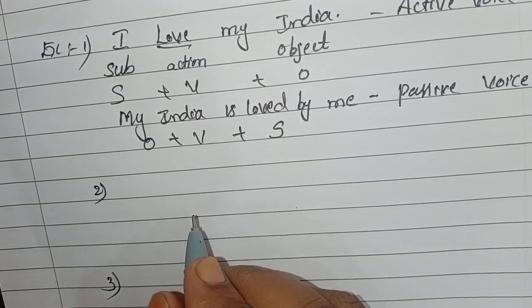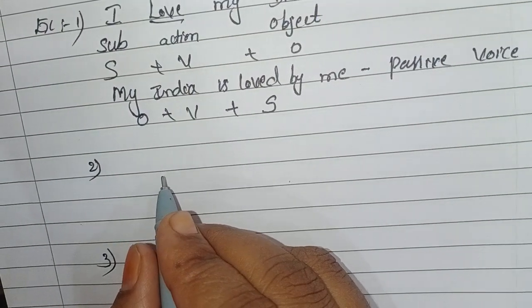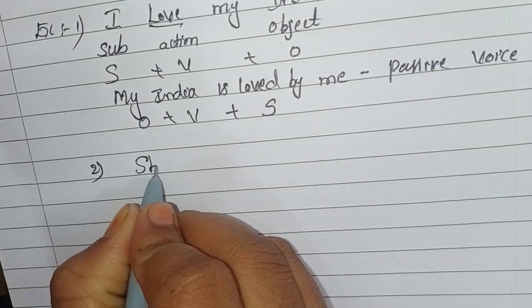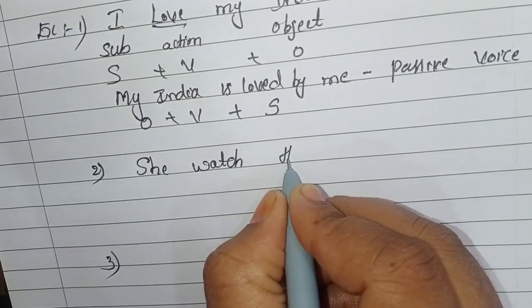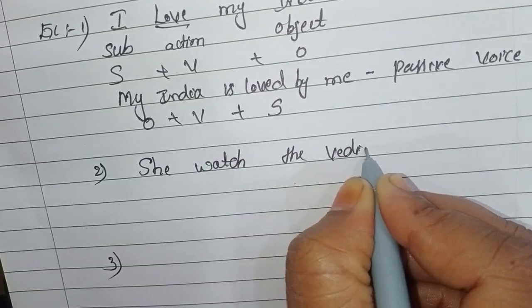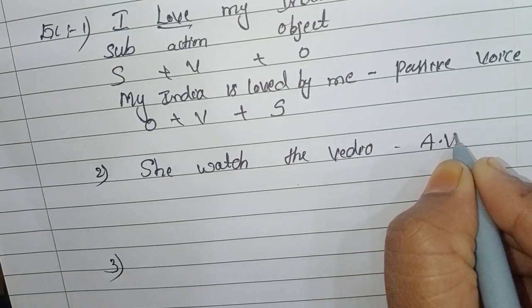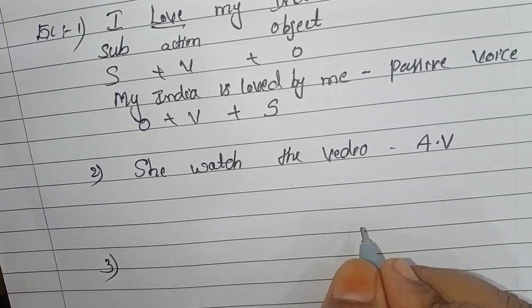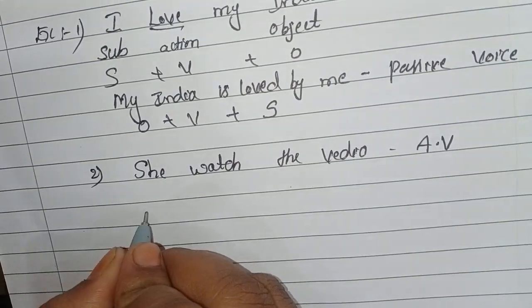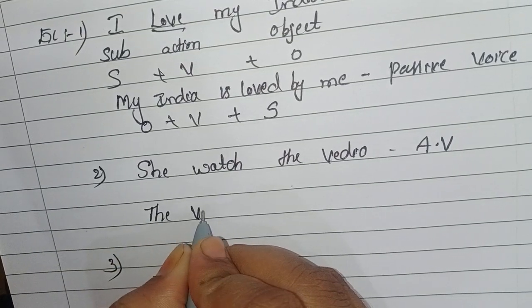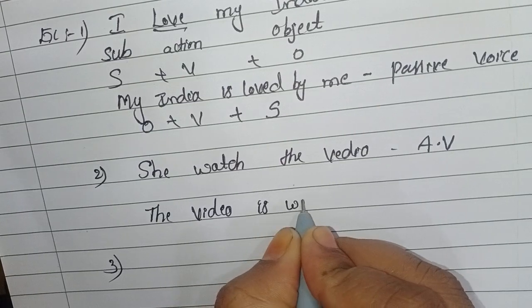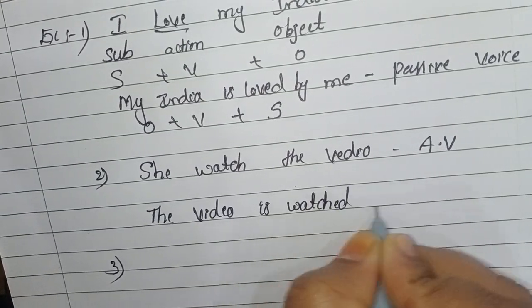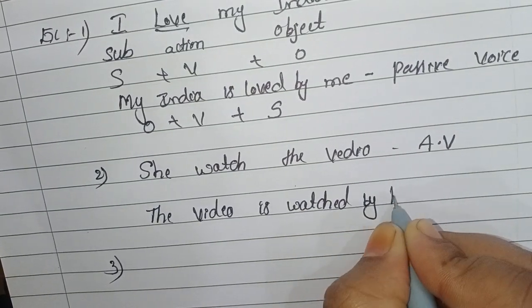I will explain with the help of some examples. She watched the video. It is in active form. When we convert it into the passive voice, the video is watched by her.